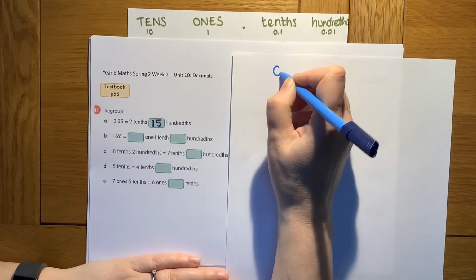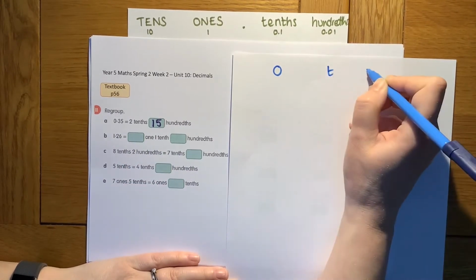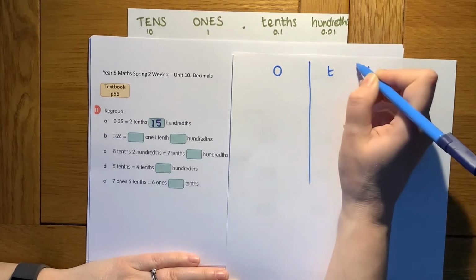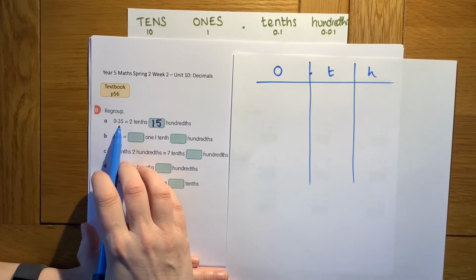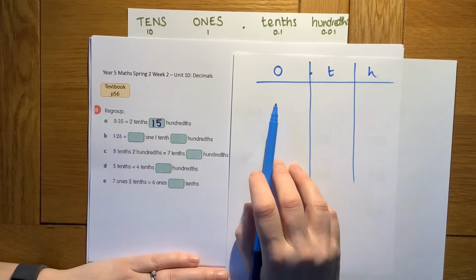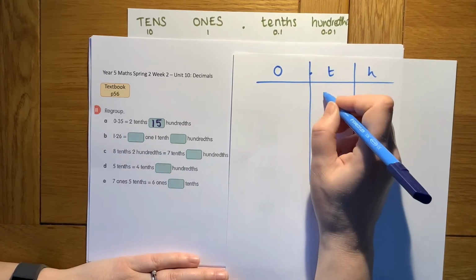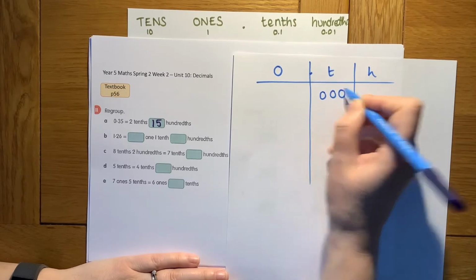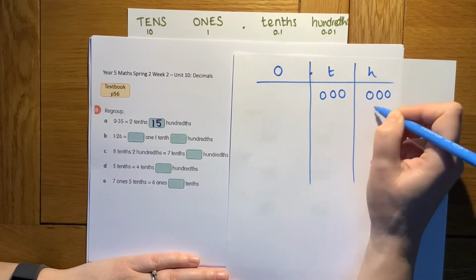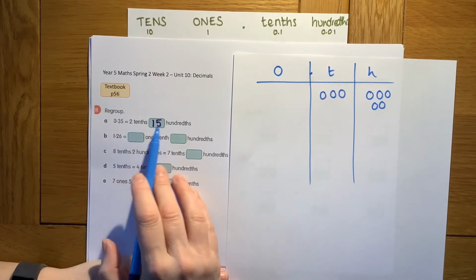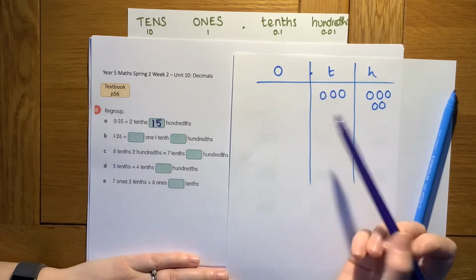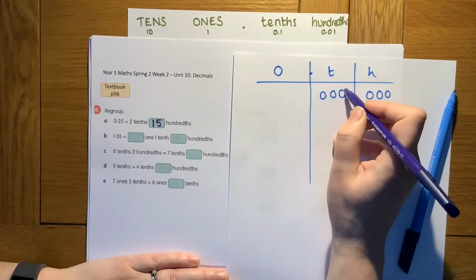Okay, you could draw it to help you. So if we imagine I've got my ones, my tenths, and my hundredths, just going to draw this hopefully to help us. If I was going to draw 0.35, I don't want anything in the ones column. I want 3/10 and 5 hundredths. And I can see that it wanted me to turn it into 2 tenths and so many hundredths. So I need to get rid of one of these tenths. I'm not going to get rid of it, of course.